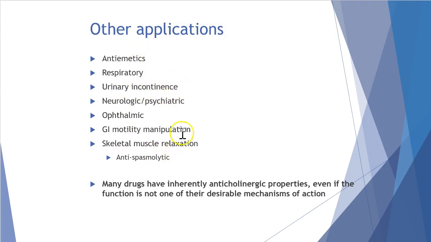I talked about this. This stuff is all getting much more focused on where it's being used. So like ophthalmic and respiratory, anticholinergic can be great, but the nice thing is that you aren't giving it systemically, so there's no risk of side effects. Urinary incontinence, we really want to focus on muscarinic receptor subtypes that are at the bladder specifically. So there's those types of things that we look at.